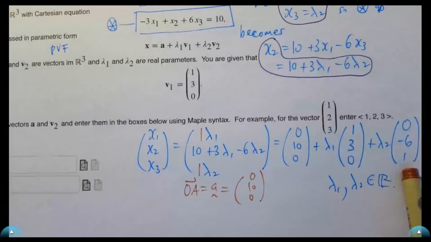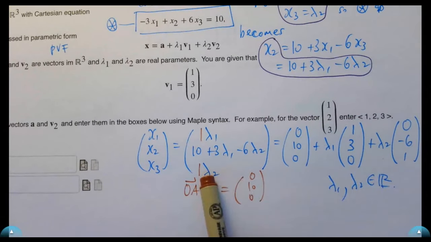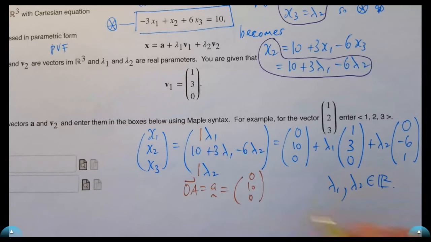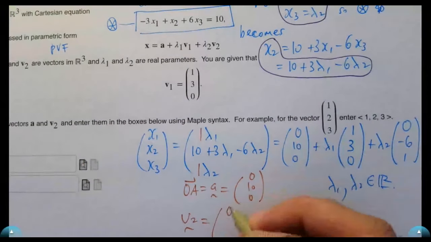1, 1, June. Can you see it? 1 lambda 2, 1 lambda 2. Let me know if you can't see it, June.